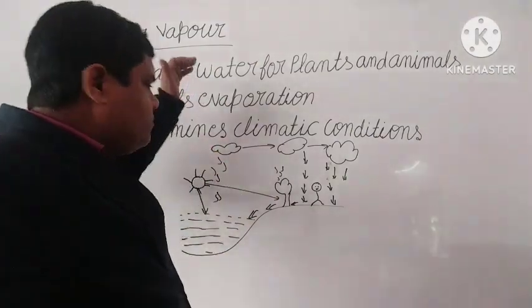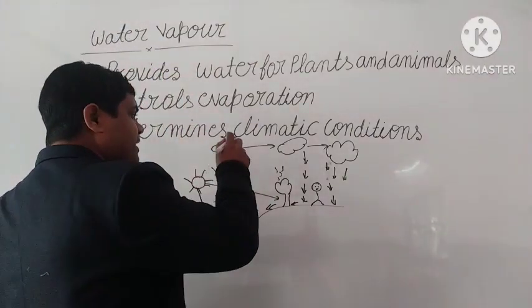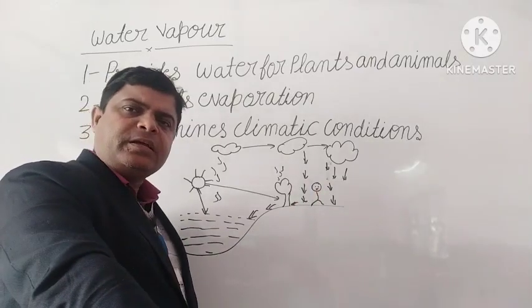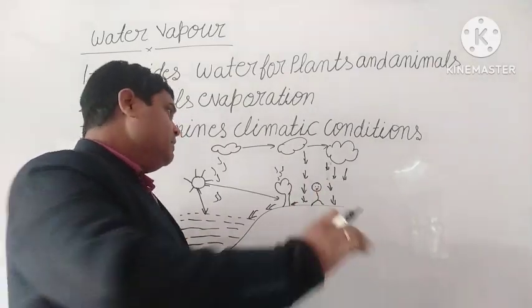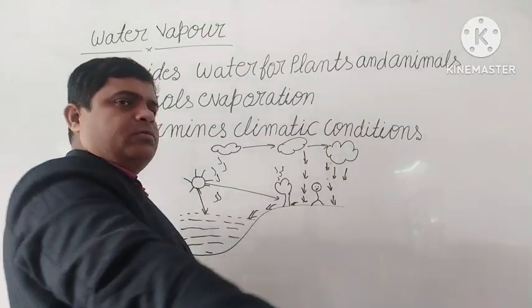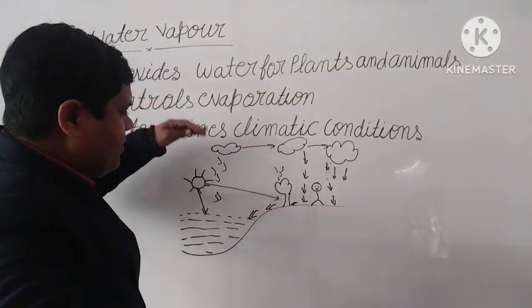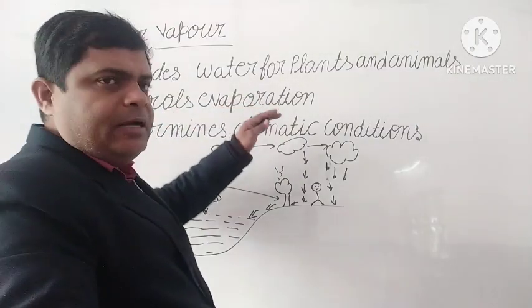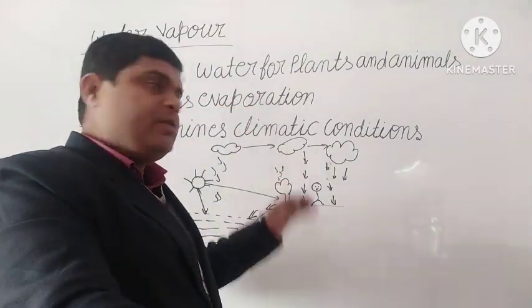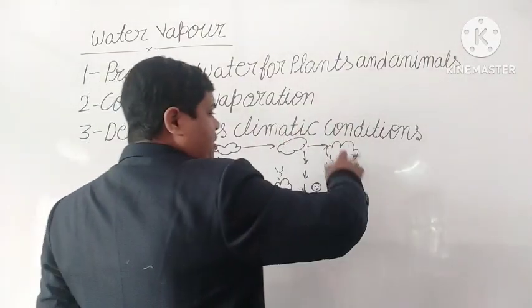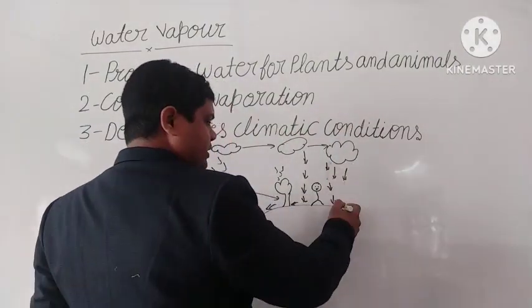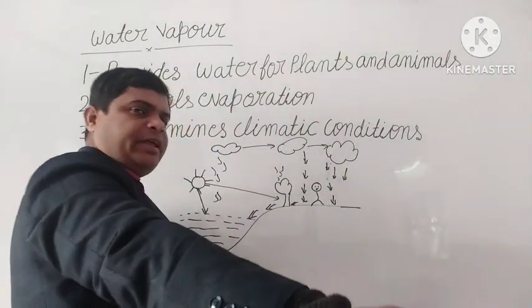But when it moves upward, it condenses, and after that it changes into cloud. When the water vapor is more condensed upward and becomes heavier, then in the form of rain it falls downward again.